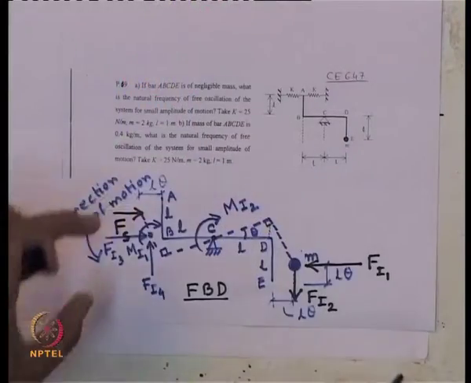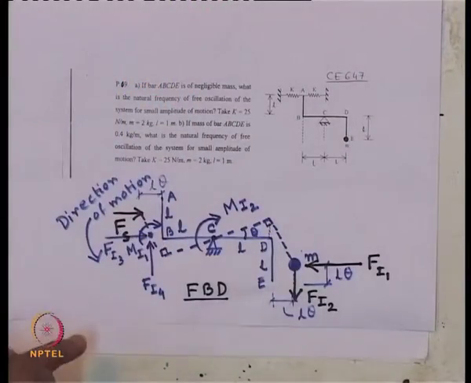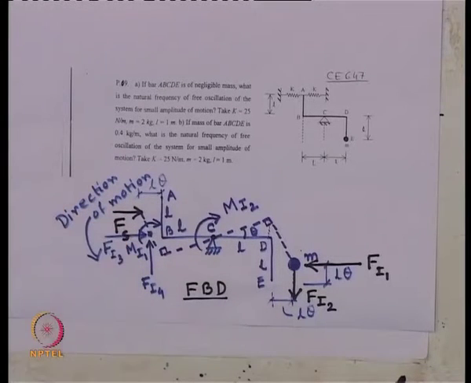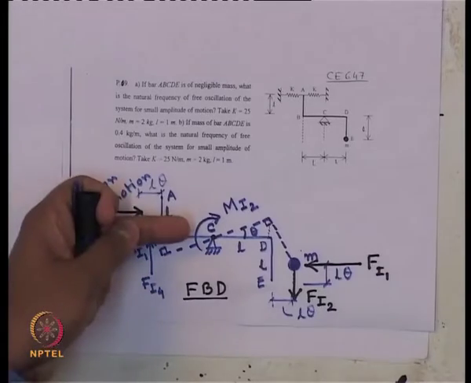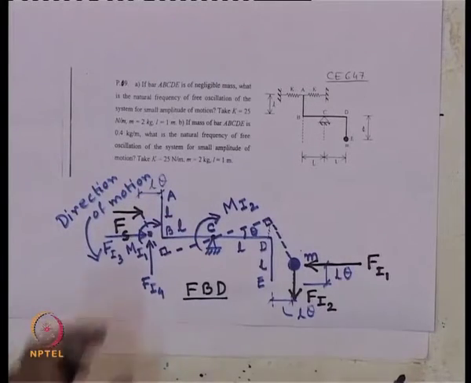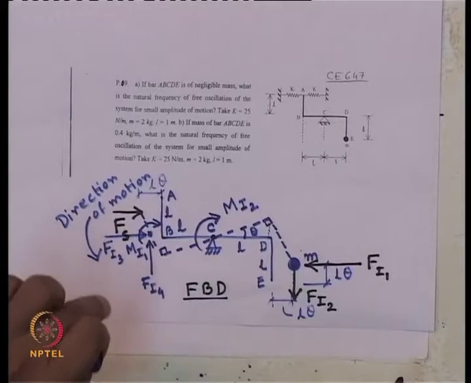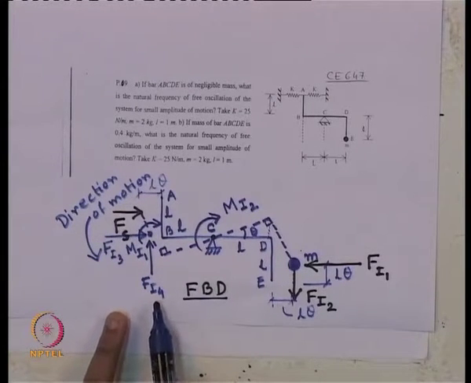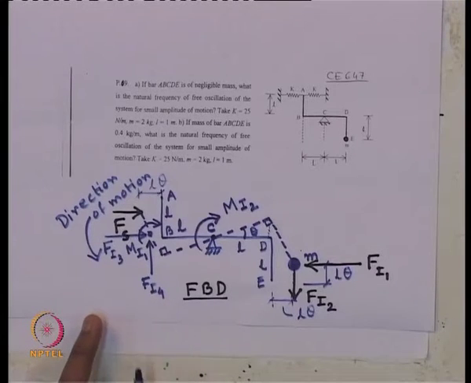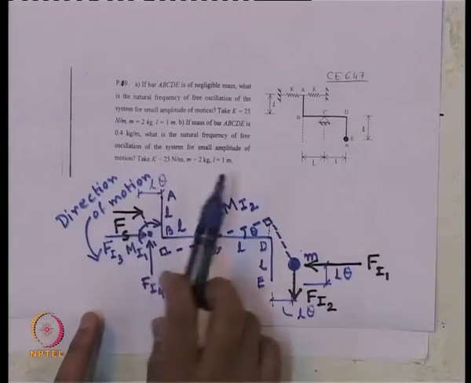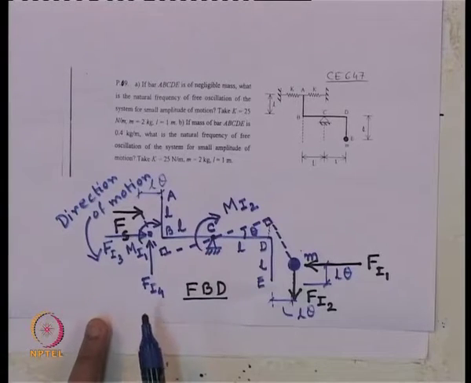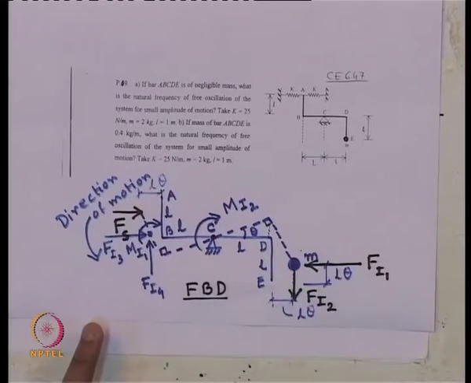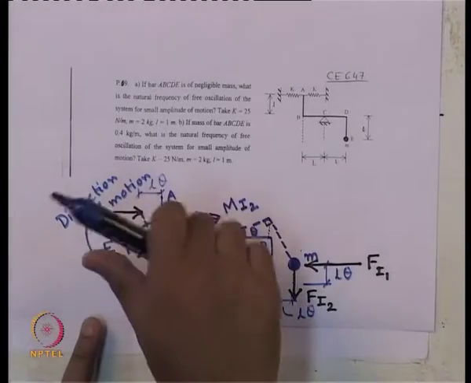So for the segment AB, F I 3 is the horizontal inertia force, and all these act at the center of the bar AB. F I 4 is the vertical inertia force, acting vertically upward to bring it back to its original position, and M I 1 is the torsional inertia force, which will also try to bring it back.